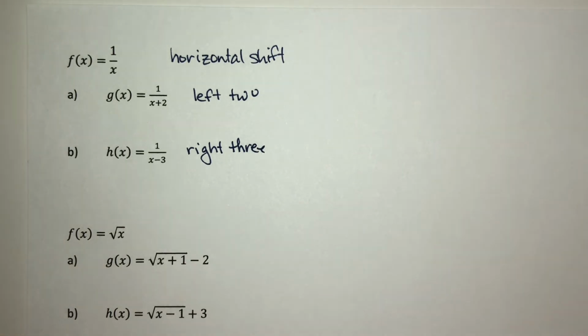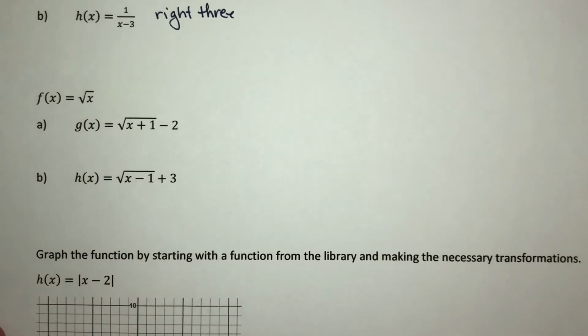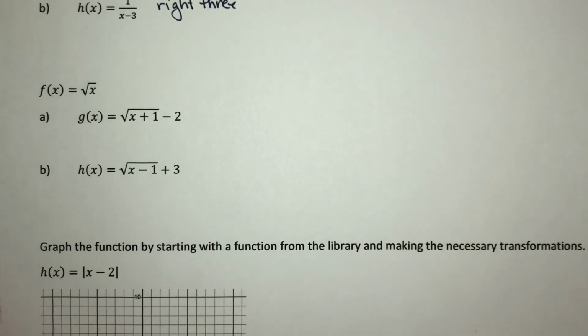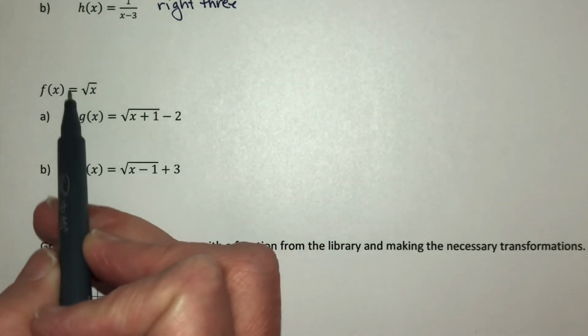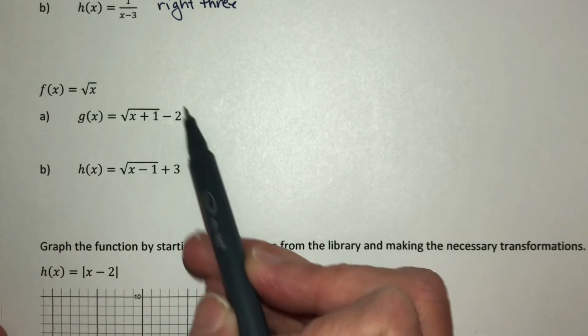Okay, so now let's look at some where we have combinations of things. This is going to happen a whole lot. As we get more transformations, we're going to talk more about the order in which you need to do these two things. But for right now, shifting up, down, left, right, it doesn't matter which one we list first. If our original function is the square root of x, here we have both changes inside and outside.